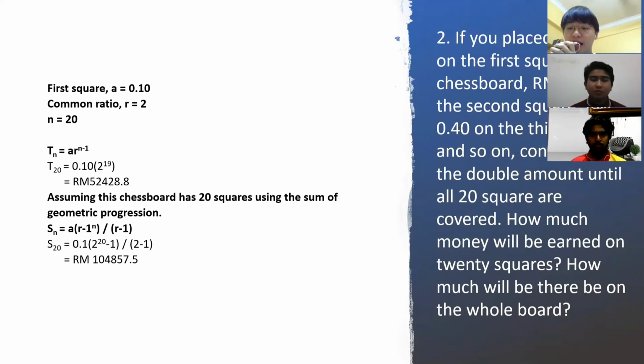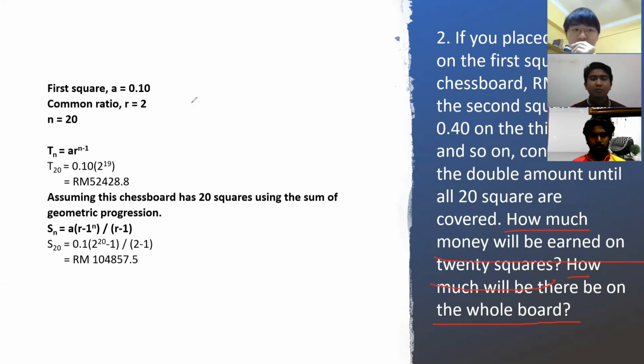How much will be on the whole board? So for this question, we will have two parts: the first part is how much money will be earned on the 20th square, and the second part is how much will be on the whole board.